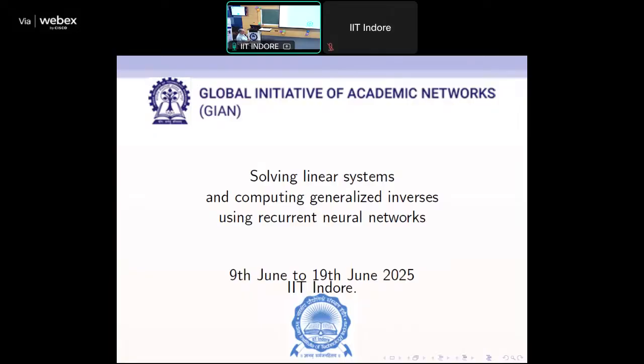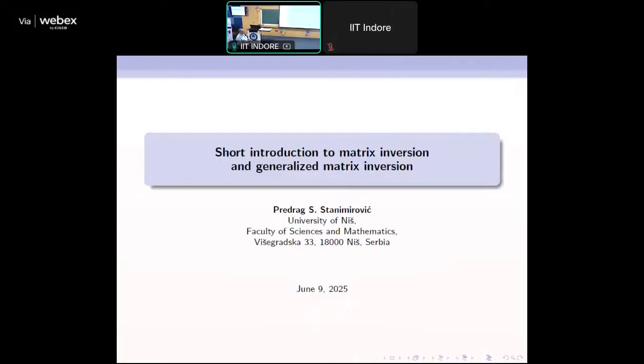Today I will present a short introduction to matrix inversion and generalized matrix inversion, and after that a short introduction to nonlinear optimization. From tomorrow we will start with dynamical systems and recurrent neural networks.